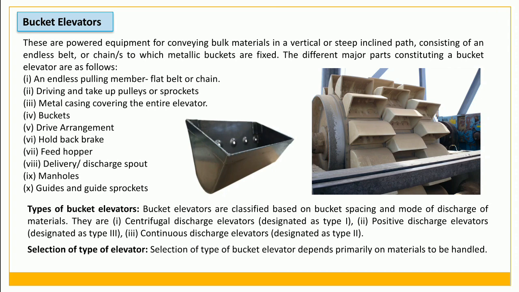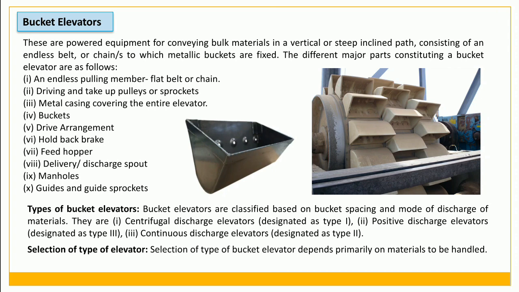This also provides a pair of snap sprockets under the head sprocket to invert the bucket for complete discharge. Then there is the type 2 elevator, that is continuous discharge, where V type buckets are used without any gap between them. These elevators are employed for handling larger lumps and materials that may be difficult to handle by centrifugal discharge.